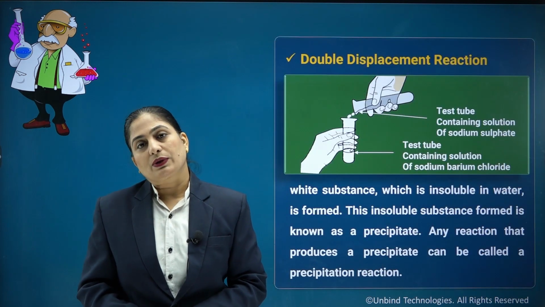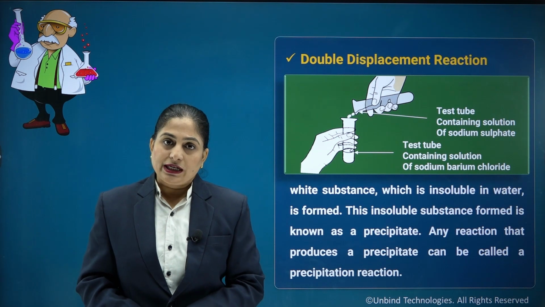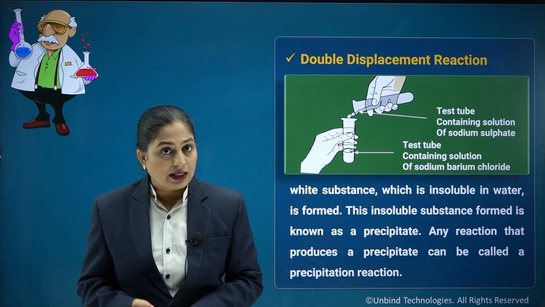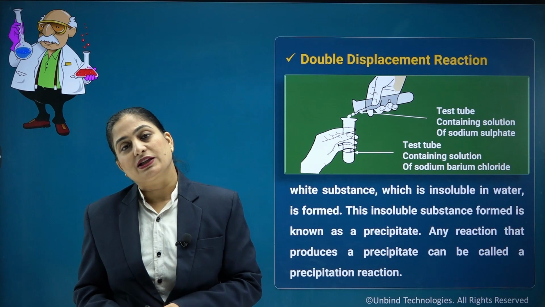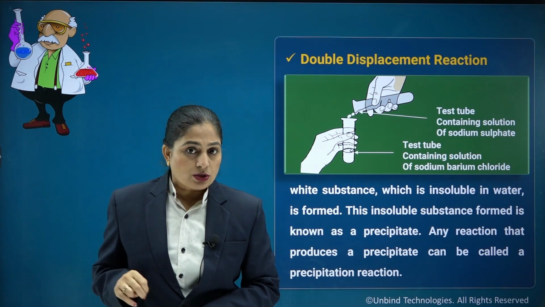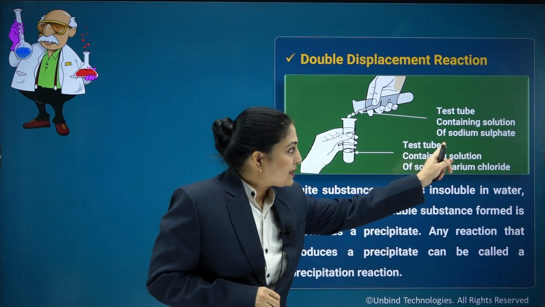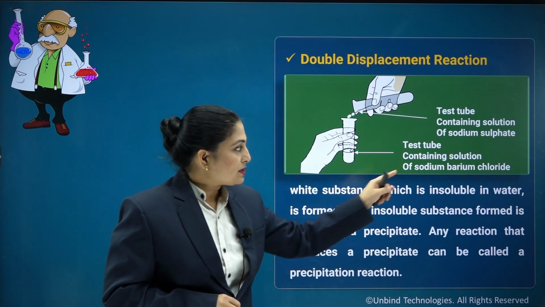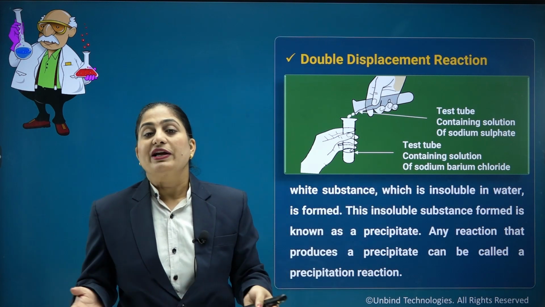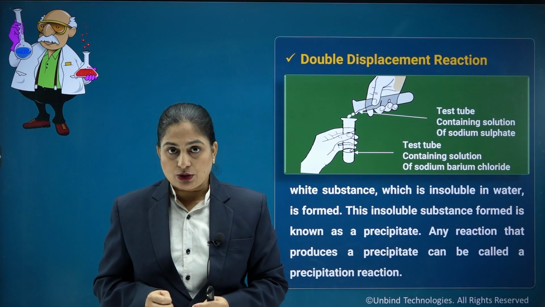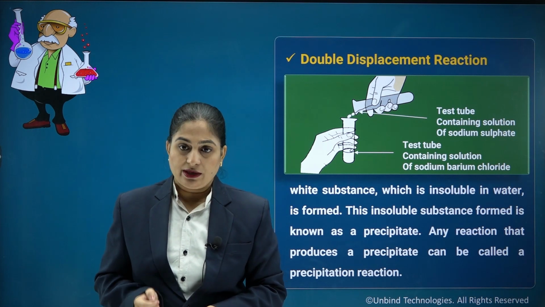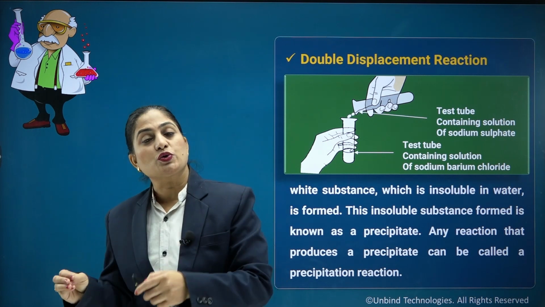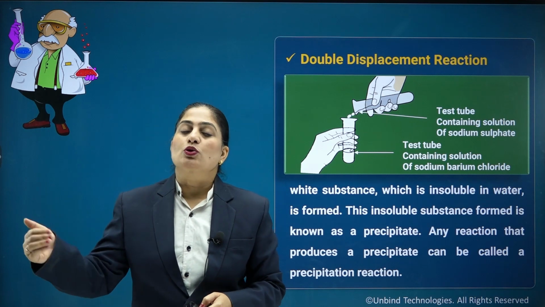Now we will talk about the double displacement reaction. Double displacement reaction involves the exchange of ions between two salts. Suppose I have one solution as sodium sulfate and another solution as barium chloride. When we mix these two, we observe that sodium goes with chloride and barium goes with sulfate.